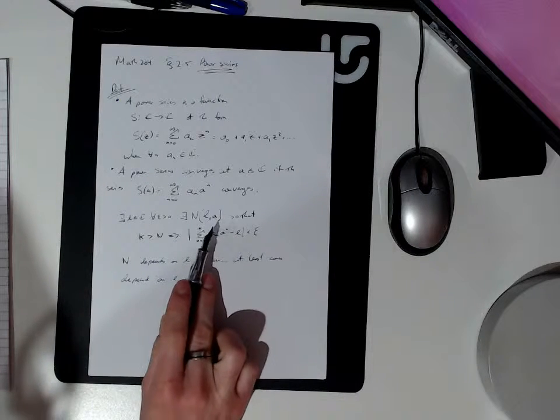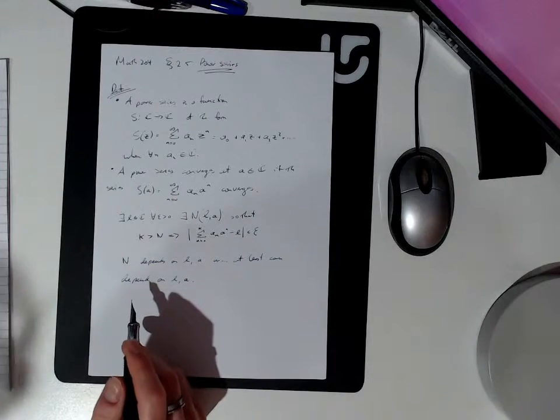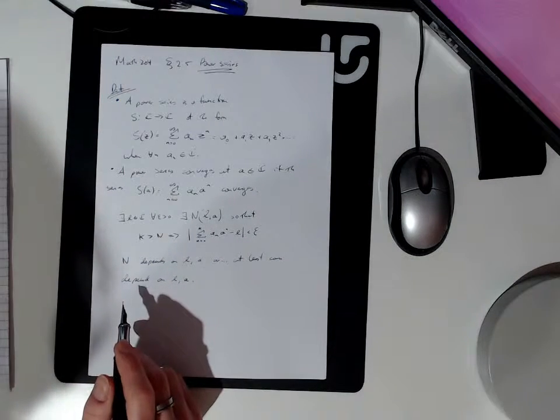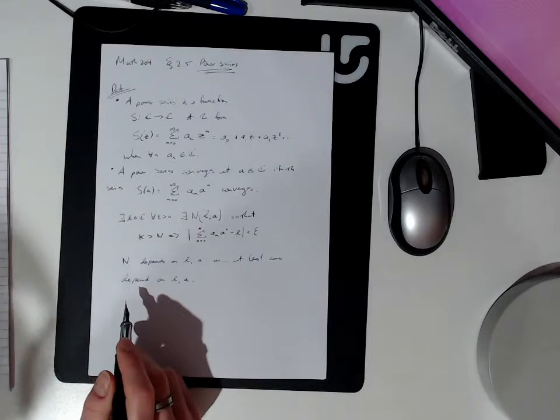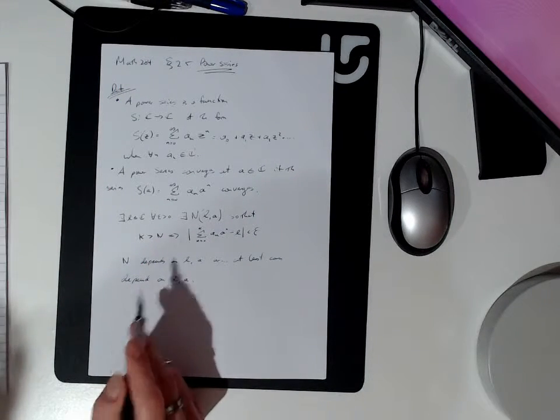Here they're also allowed to depend upon the point that we're evaluating at, which I think we incorporated when we did some of the proofs about continuity of composition of functions.